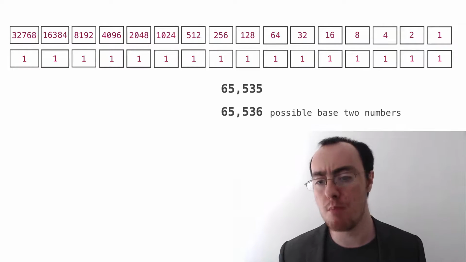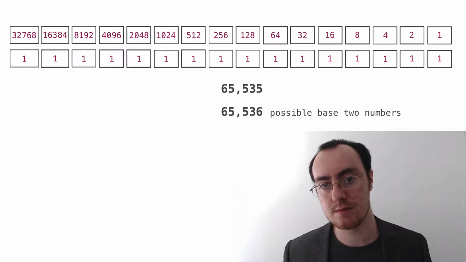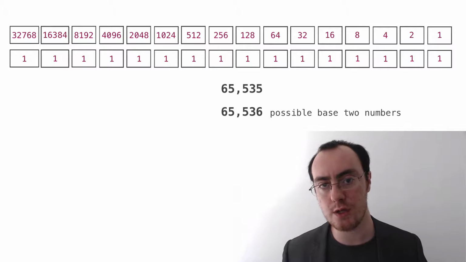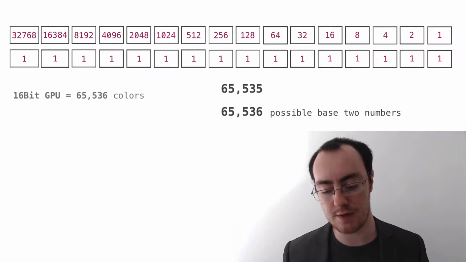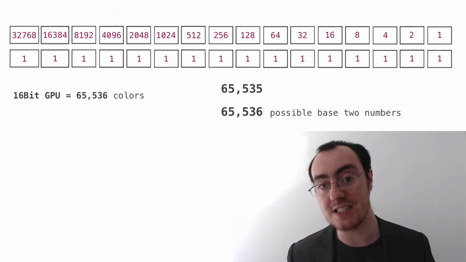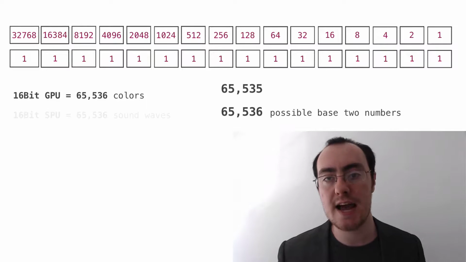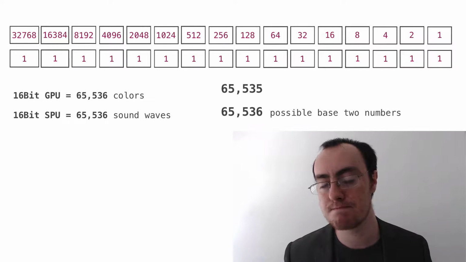We now have much bigger numbers that we can work with, and much more possibilities. For example, previously we only had 256 colors on the GPU. Now on a 16-bit system, just 8 bits more, we have the choice of 65,536 colors on the GPU. Likewise with the SPU, the sound processing unit, we can now make 65,536 sound waves, making the sound a lot more realistic.